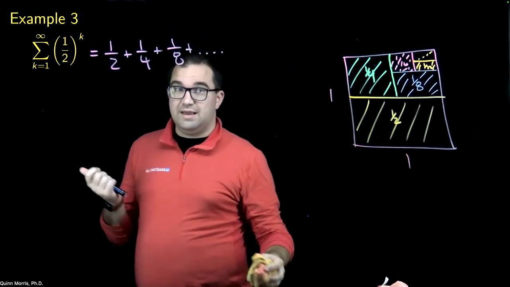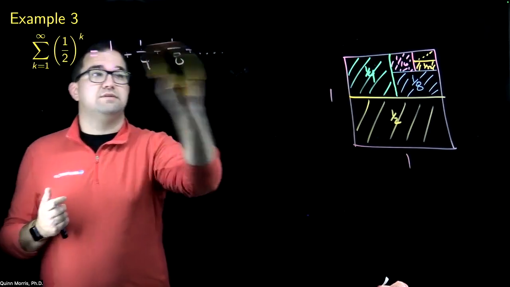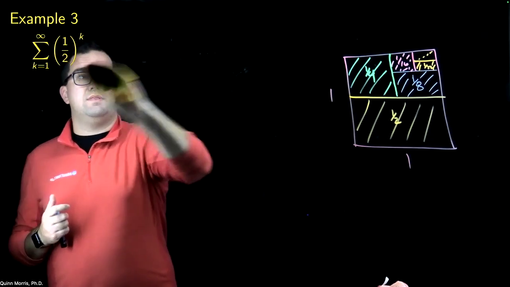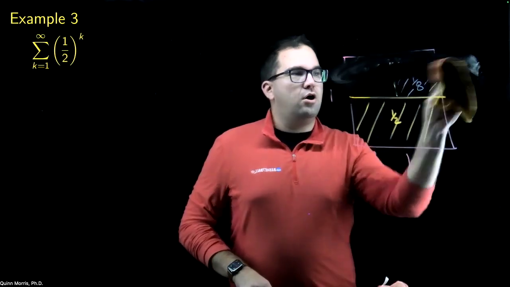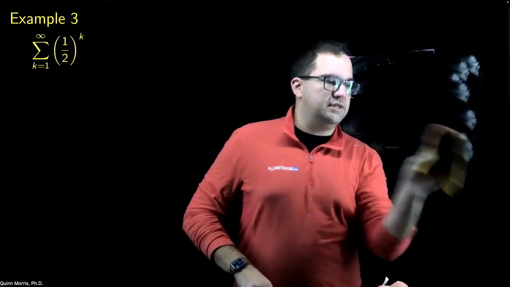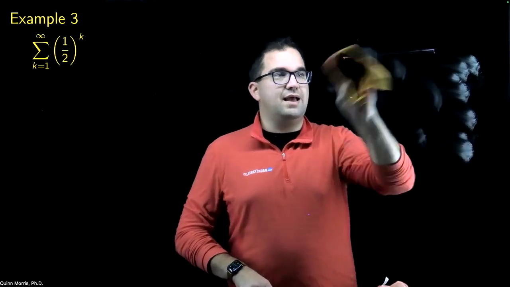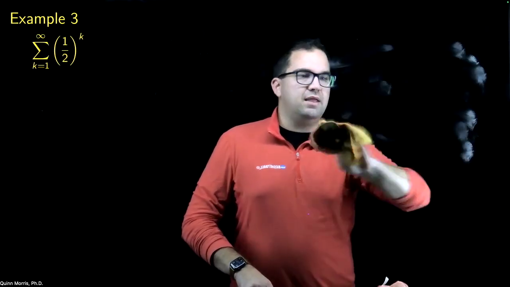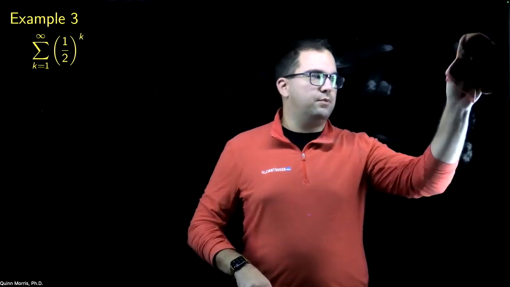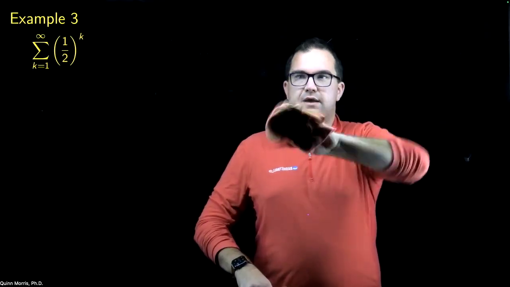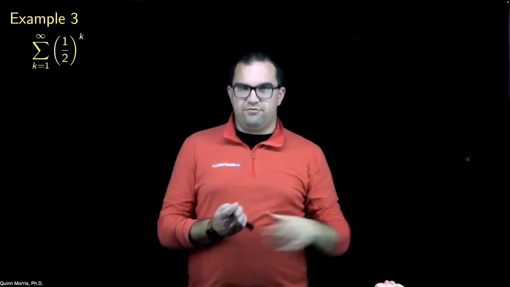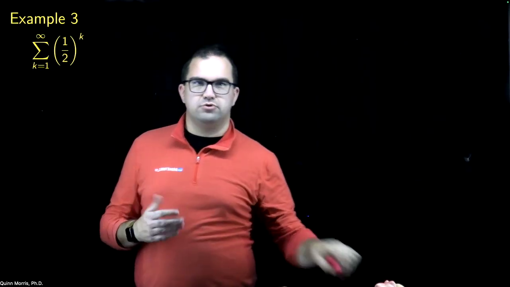Well, if I'm going to prove anything about these, I need to use the partial sums. Now, because geometric series have this nice property that they have a common ratio, we can play some algebraic tricks with them that we can't necessarily do with a general series. So let me think for a second. What is the nth partial sum?